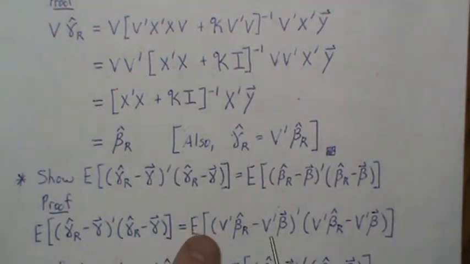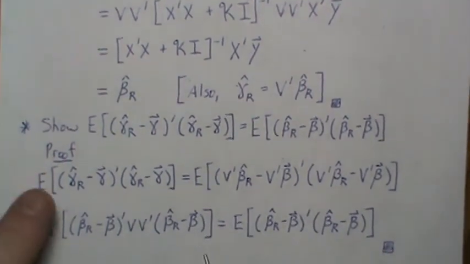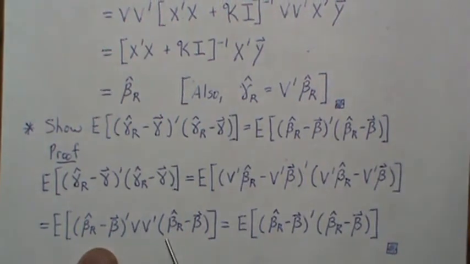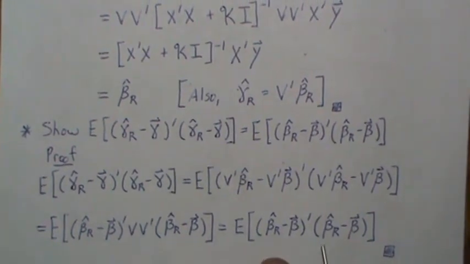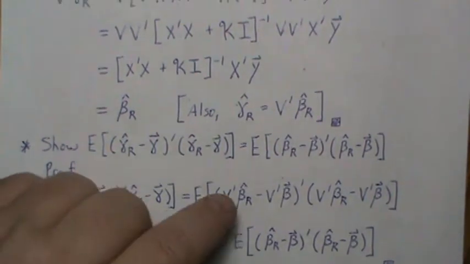Now we factor out a V prime on the left, and then we hit the transpose. Here we factor out a V, and then we have this. But this is the identity matrix, and we're here. So the mean square errors are the same. We're really not gaining or losing if we use the canonical form versus the original.